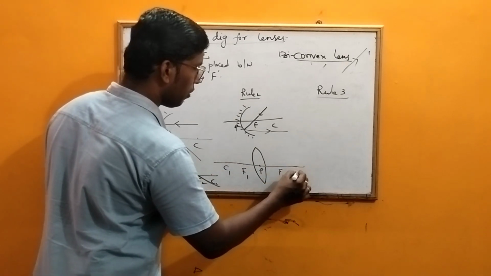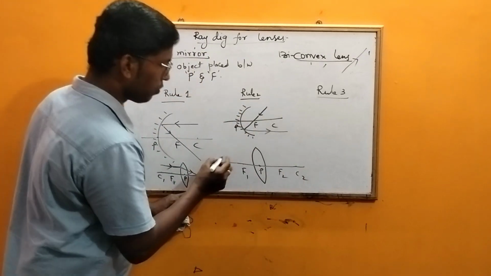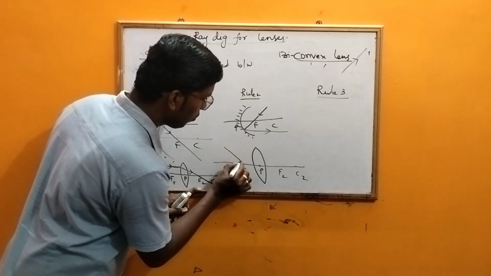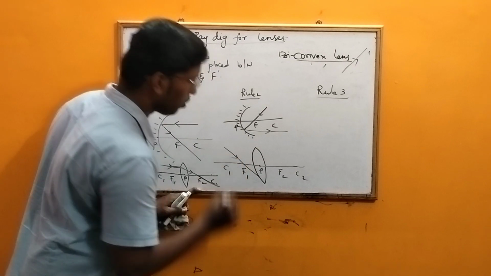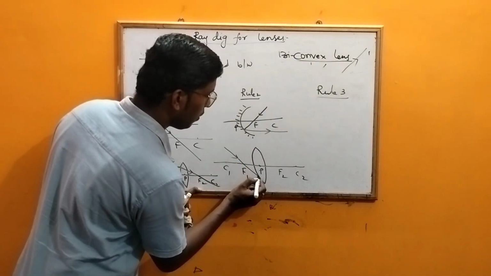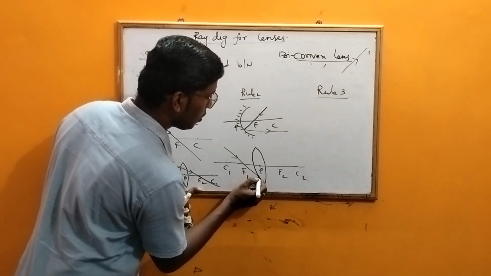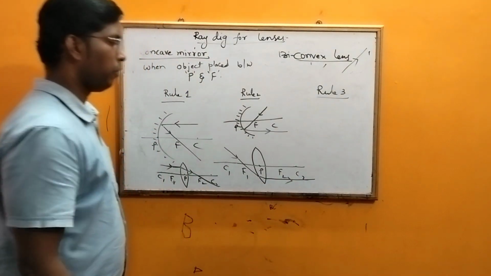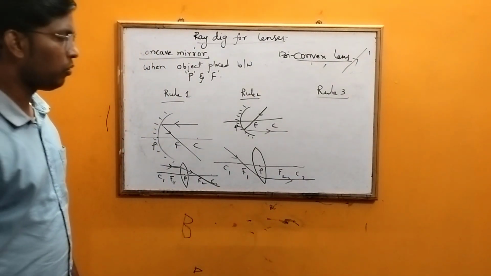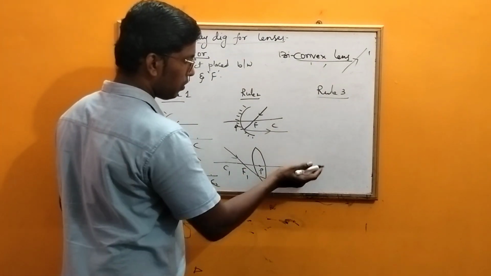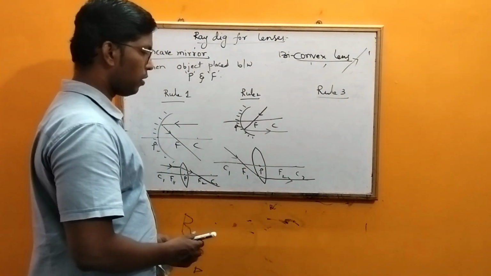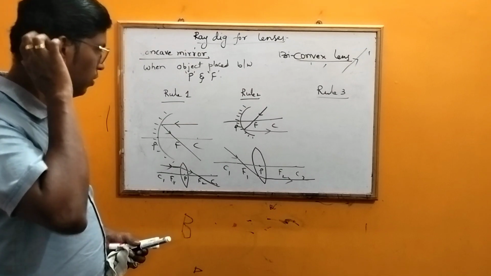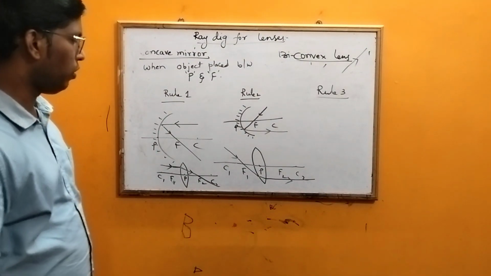So now draw the light ray passing through focus point. What happened? After refraction, it passes parallel to the principal axis. This is the second rule that you should remember.